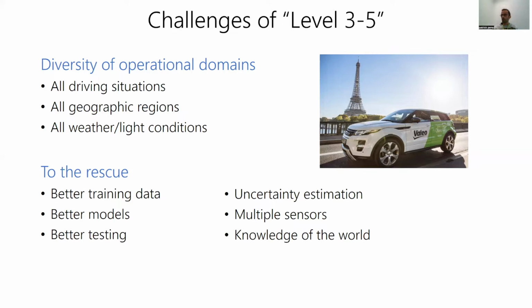At the end of the day, if you want to put these things on the roads, you need to have very thorough testing, including on open roads, which is quite a challenge.